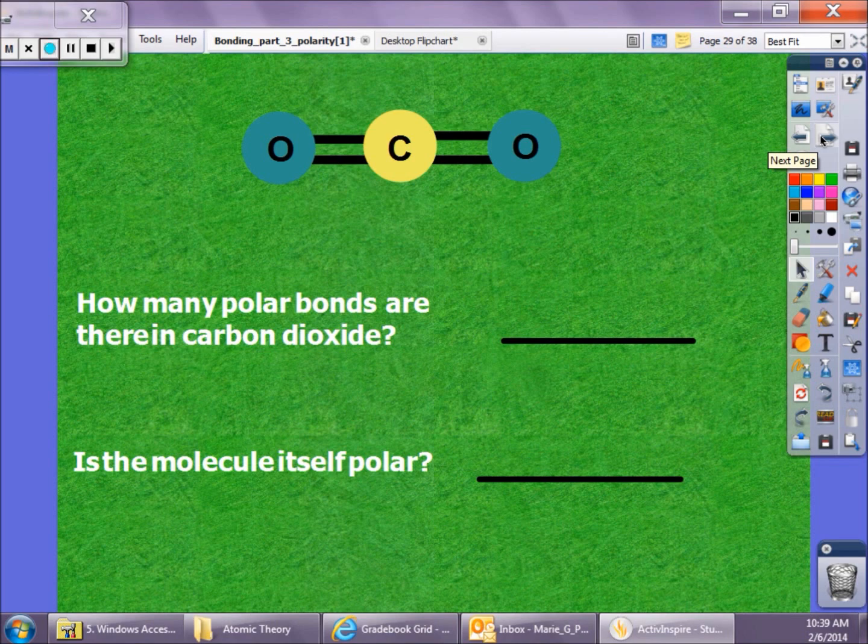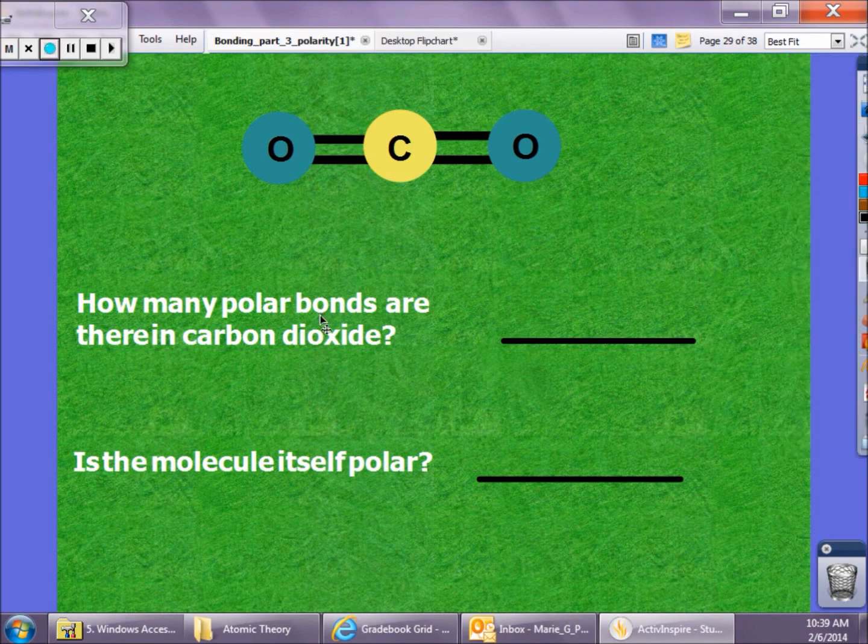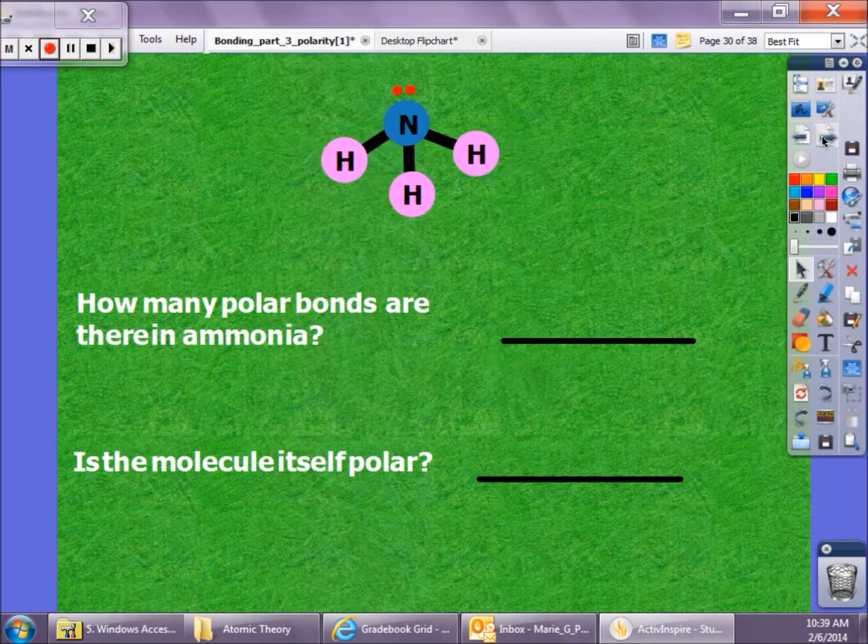Is the molecule itself polar or non-polar? It is non-polar. The polarity cancels out. They call it a dipole moment, cancel out. How many polar bonds are in ammonia? 3. Is the molecule itself polar or non-polar? It is polar, because there is a pair of unshared electrons on nitrogen. The molecule is not symmetrical, so we still have a pull on one side of the molecule.